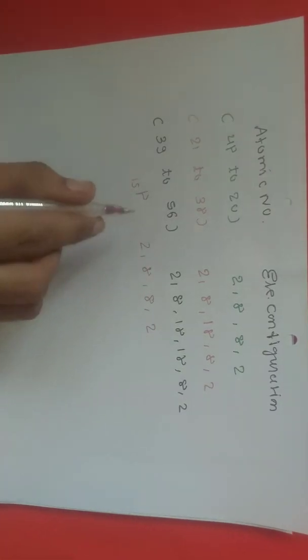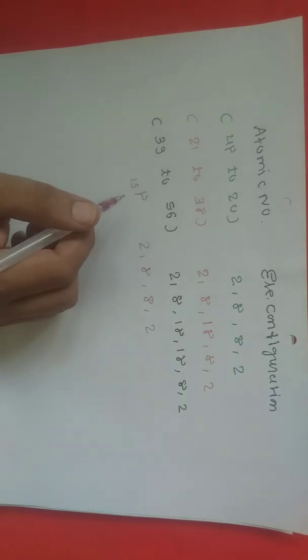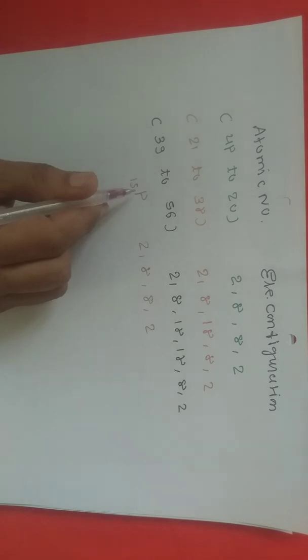Now 15 atomic number means phosphorus has 15 protons, and we know, friends, the number of protons and electrons are always equal in an atom, any atom.